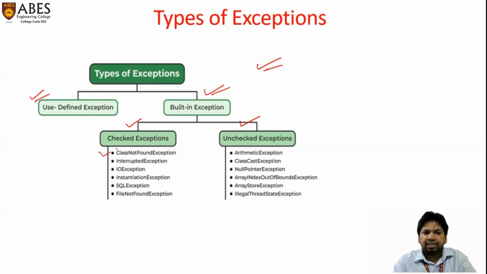First is class not found exception, interrupted exception, input output exception, instantiation exception, SQL exception, file not found exception. In unchecked, the arithmetic exception, class cast exception, null pointer exception, array index out of bounds exception, array store exception, and illegal thread state exception. These are the types of exceptions which are important.